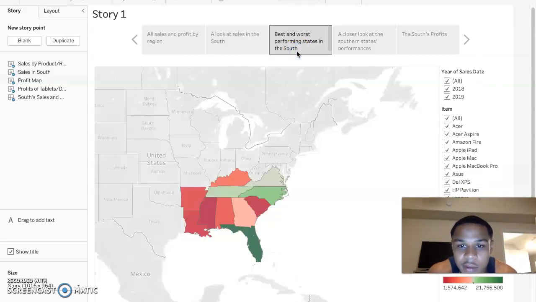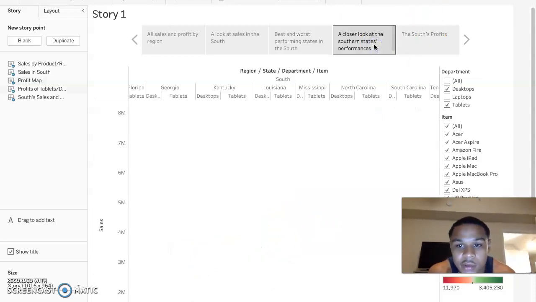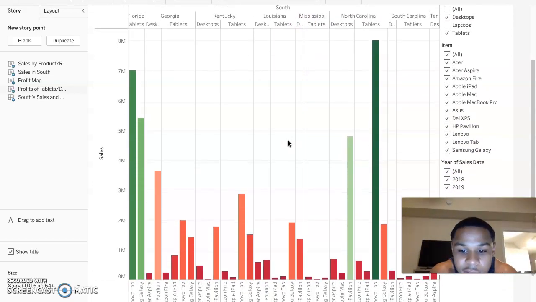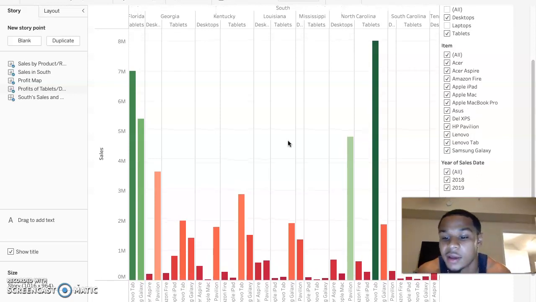Then we can see the best and worst performing states in the South by looking at our profit map. And we could also see a closer look at the southern states' performances regarding desktops and tablets and how that corresponds with the state's overall performance.